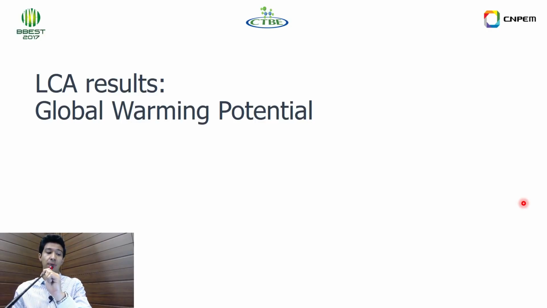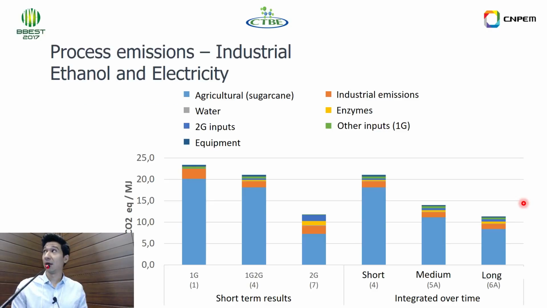Focusing on the GWP impacts, here you have a comparison of both short-term results and integrated scenarios over time. On the left side of the chart, you can see that most of the impacts are caused by the agriculture step, mainly because of fertilizer and diesel production.